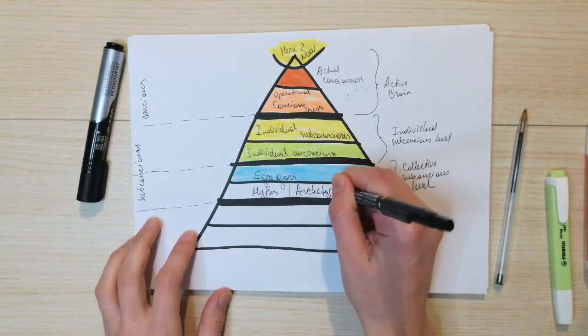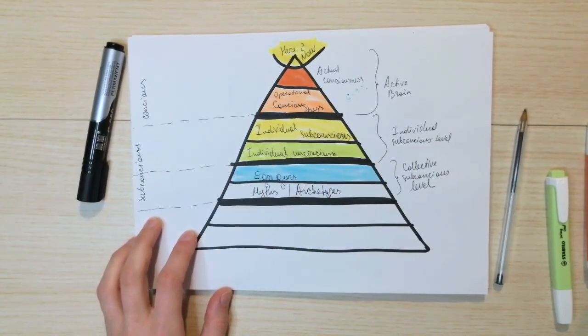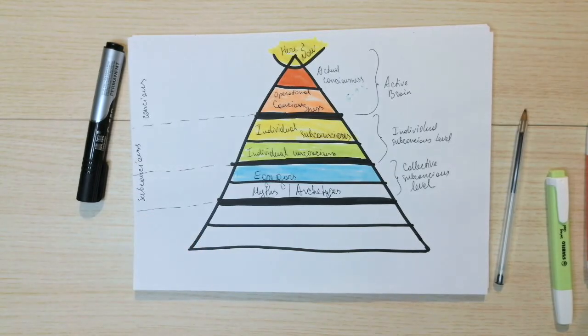Okay, so let me read you the definition of the archetypes by Carl Jung. It is a primitive mental image inherited from the earliest human ancestors and supposed to be present in all collective unconsciousness.